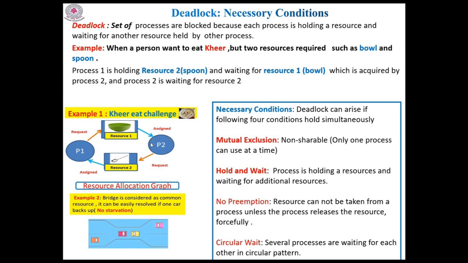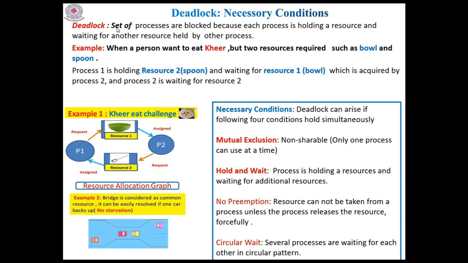Similarly, when P2 wants to complete the task, it requires two resources. At present, P2 is holding resource 1 and waiting for resource 2, which is held by P1. So this process is cyclic. Where a cycle is there, deadlock may occur.